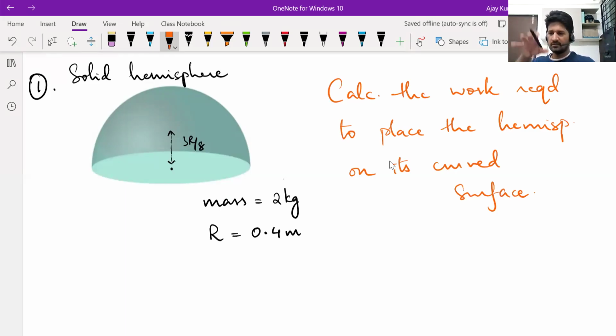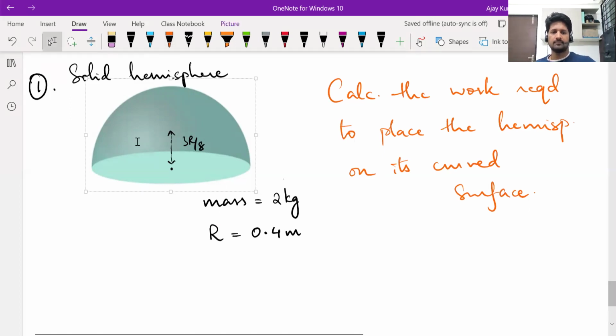Simple question. Okay. The solid hemisphere is lying with its face down. You have to invert it and make it face up. How much work do you need to do for that? Think carefully and answer.